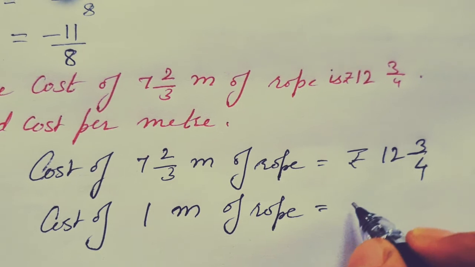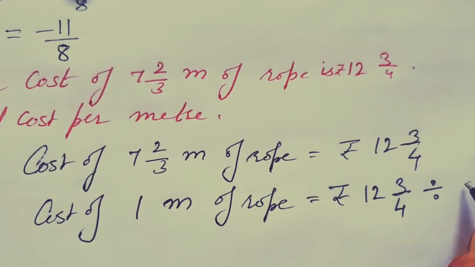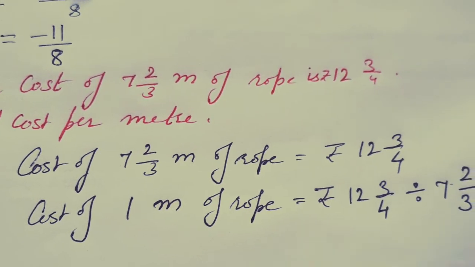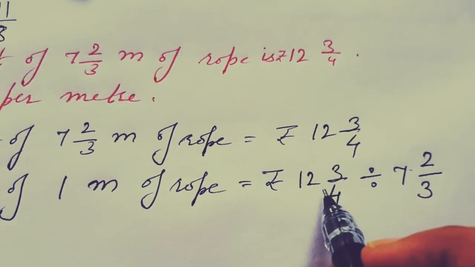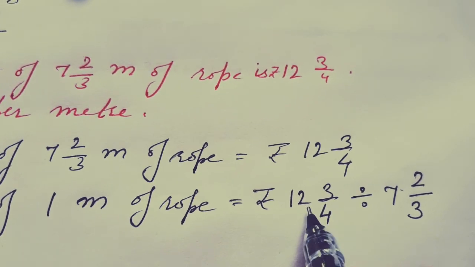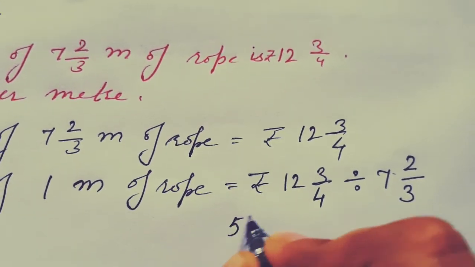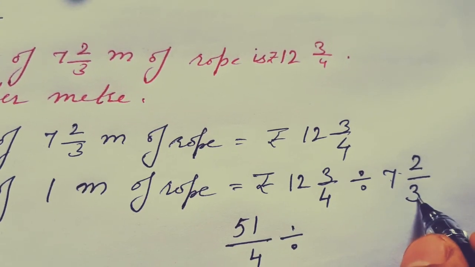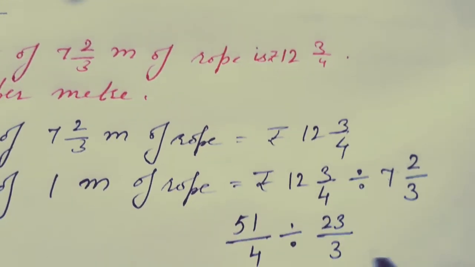So 1 meter of rope can be found by dividing this cost by this measurement. So first of all we will change it into an improper fraction. 12 4s are 48, 48 plus 3, that will be 51 by 4, divided by 7 3s are 21, 21 plus 2, 23 by 3.